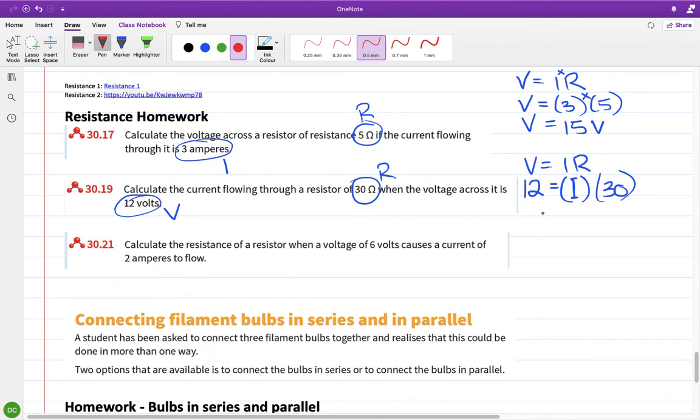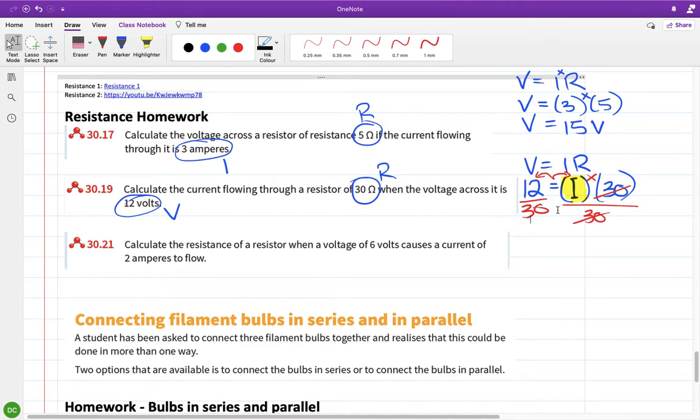A little bit of algebra required here. We want to isolate the I, which means we need to get rid of the 30. At the moment, the I is being multiplied by the 30, so we need to do the opposite of that, which is to divide by 30, and that will take it out. But if you divide by 30 on the right, you're going to have to divide by 30 on the left.